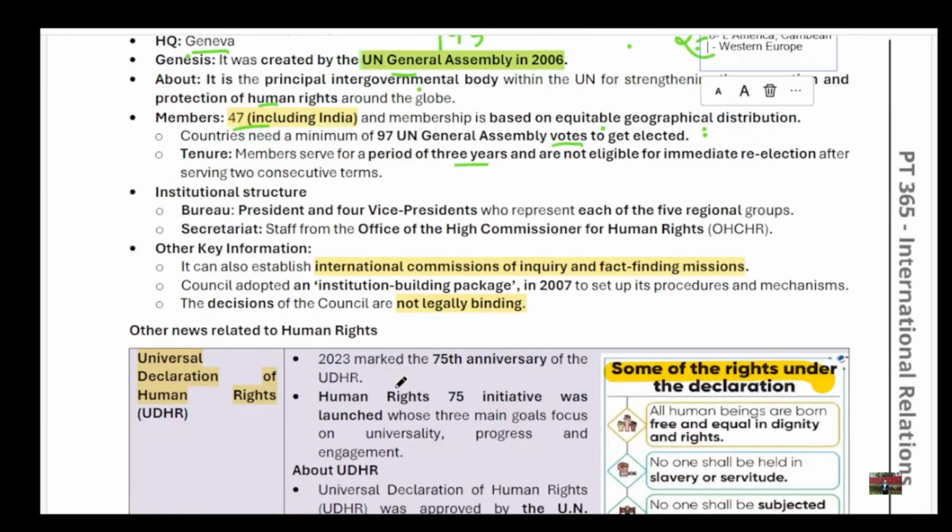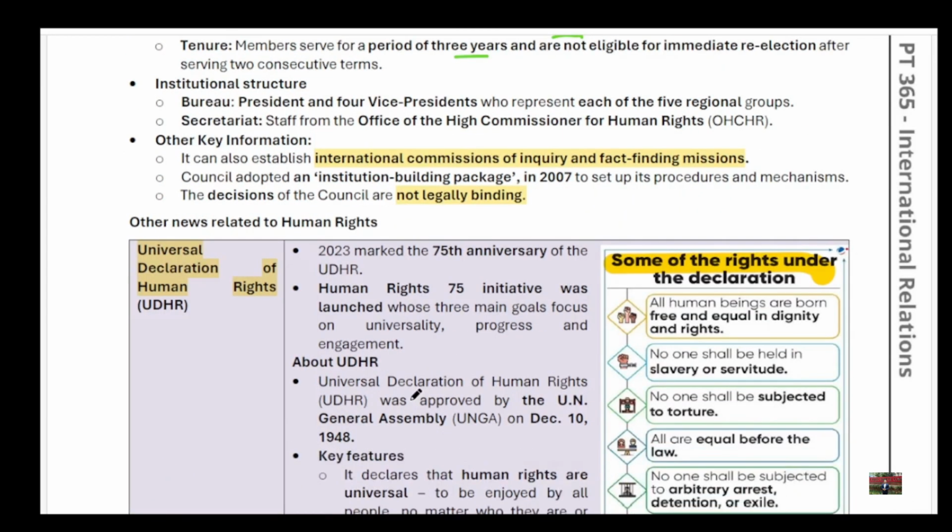Some of the key information related to the United Nations Human Rights Council is that it can also establish international commissions of inquiry and fact-finding missions, so that the mission can ensure that human rights violations are not occurring in any country or nation.